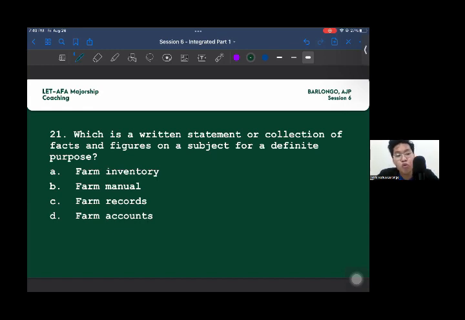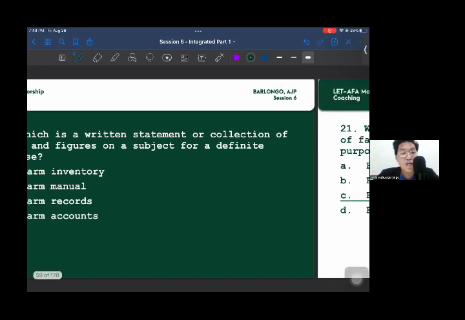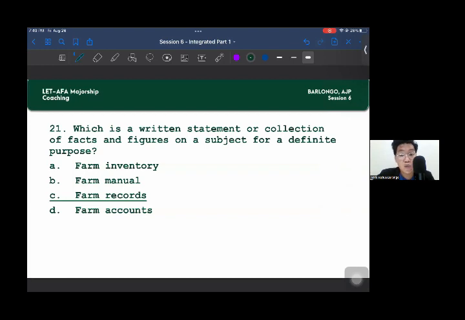So, let's move to number 21, which is a written statement or collection of facts and figures on a subject for a definite purpose. A, is it farm inventory, B, farm manual, C, farm records, or D, farm account? So the answer for this one is letter C, which is farm records. When we say records, you can see that it is a statement or collection of facts and figures.